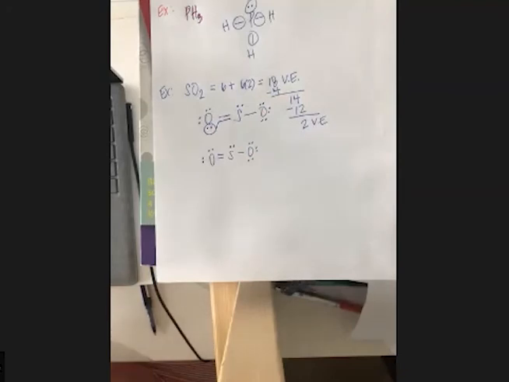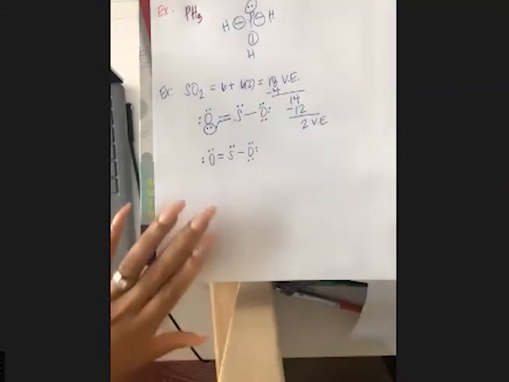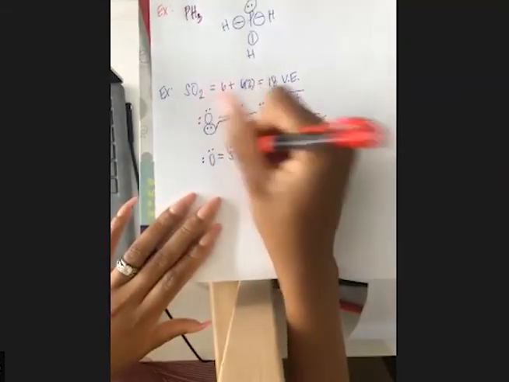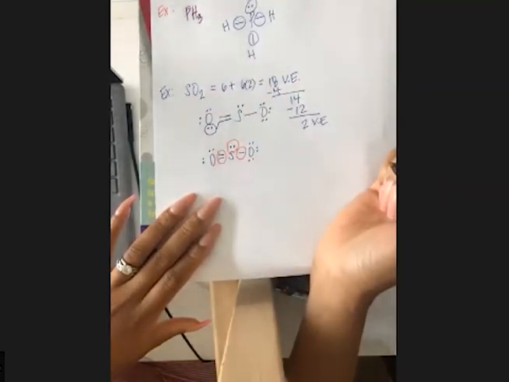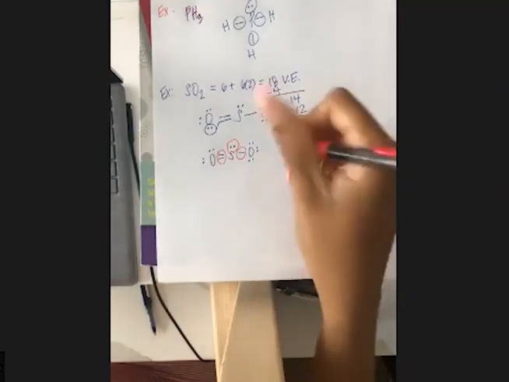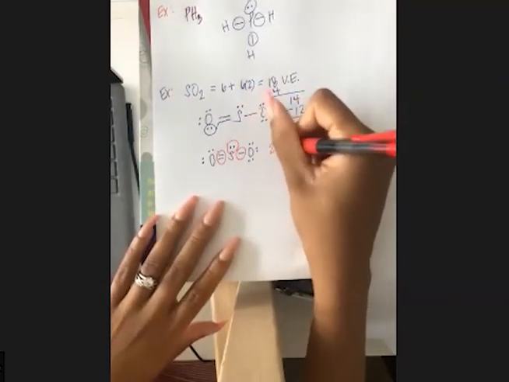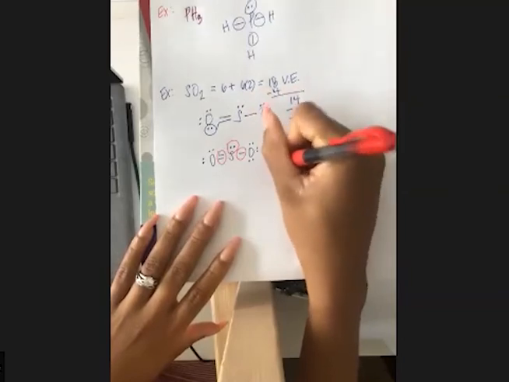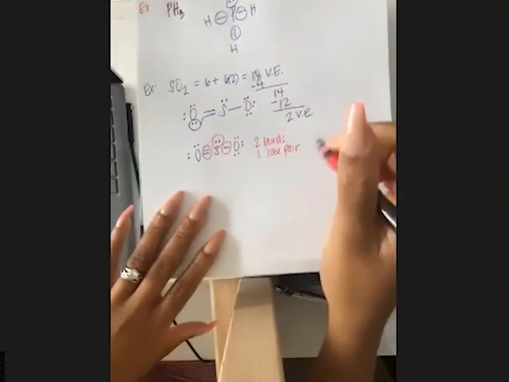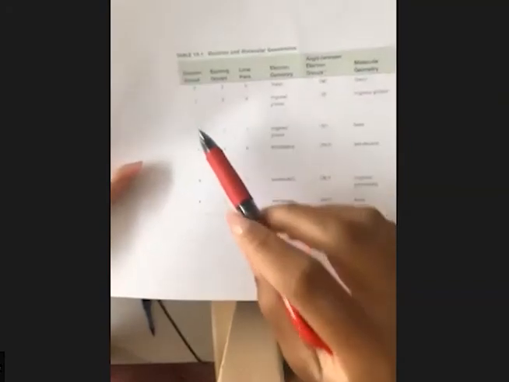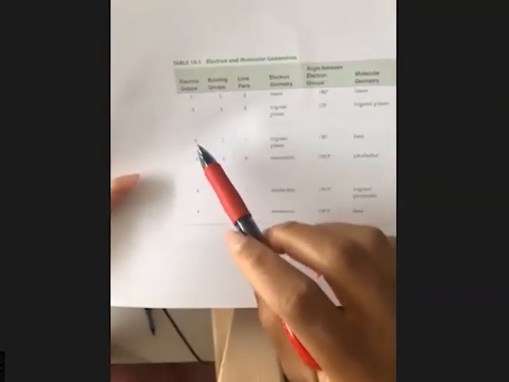When we go to count the electron groups around the central atom, we're saying 1, 2, 3. If we look at our table, we have 3 electron groups. 2 of them are bonds. 1's a lone pair. So if we look at our table, the table says 3 electron groups, 2 options for 3 electron groups.